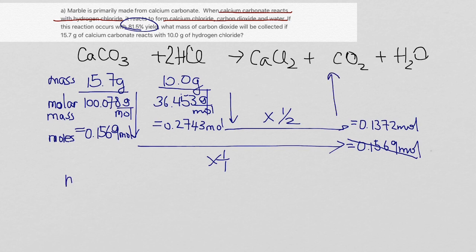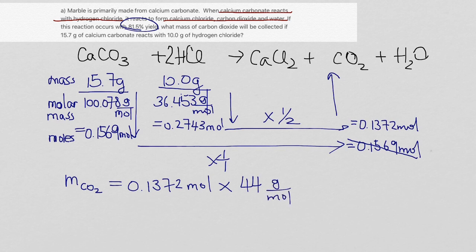So the mass of carbon dioxide that could be formed is 0.1372 moles times the molar mass of carbon dioxide, 44 grams per mole, equals 6.04 grams.